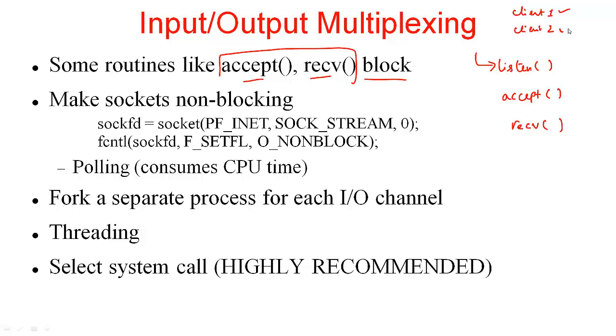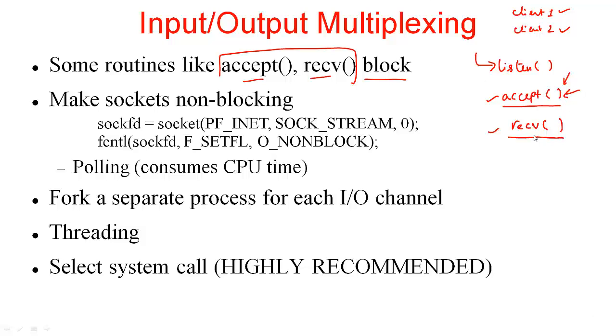Now to receive data from these clients, you are going to call the receive function, and to accept new incoming connections, you are also going to use the accept function. Both these block. In other words, if you are waiting for accepting a new connection, if this client wants to send data, you are not going to serve it because you are blocked on accept.